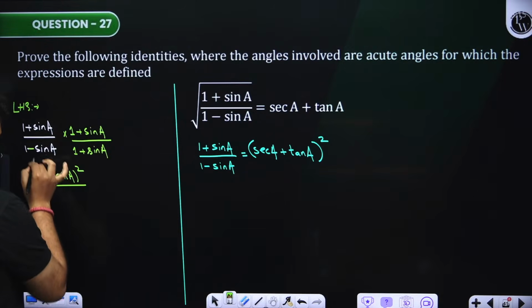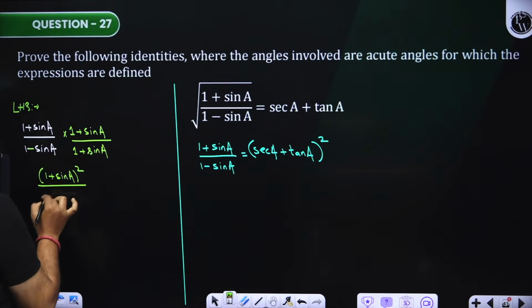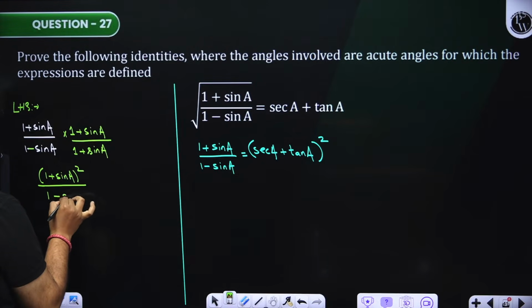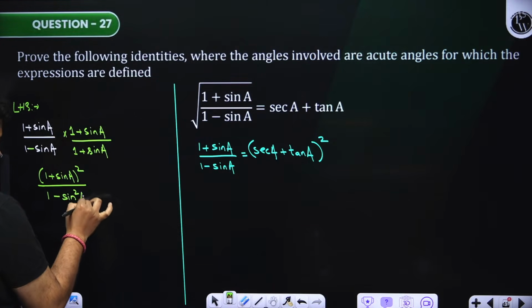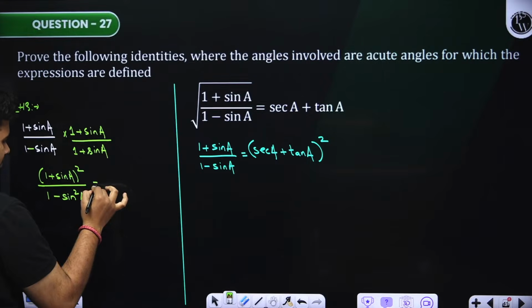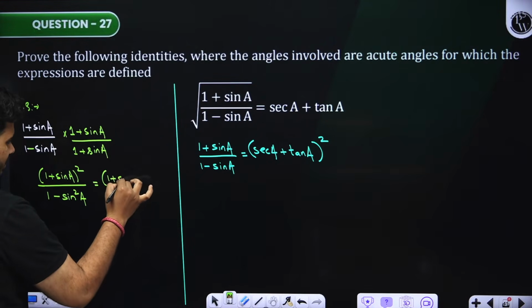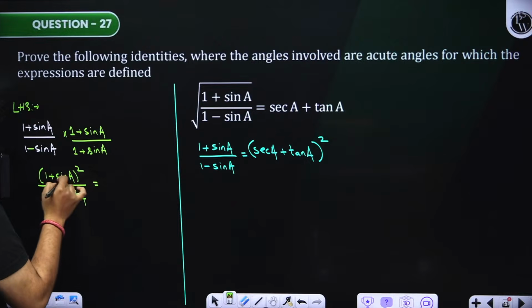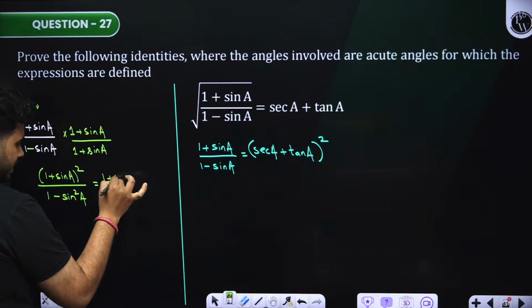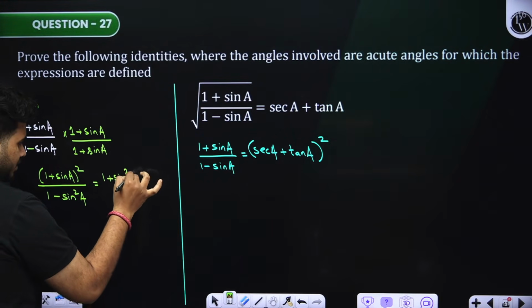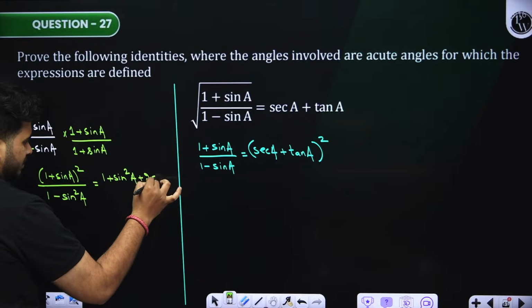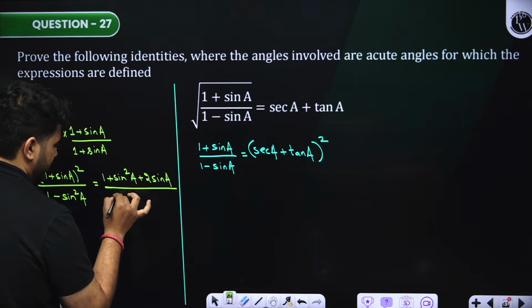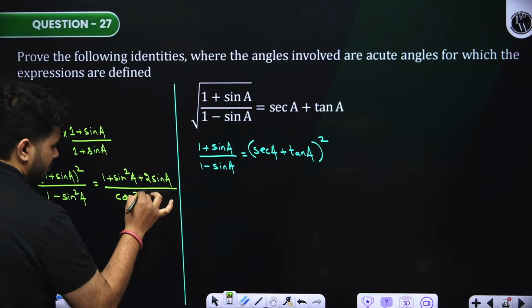In the denominator, if you observe, it is 1 minus sin A into 1 plus sin A, which is nothing but what? 1 square minus sin square A, which is nothing but cos square A.